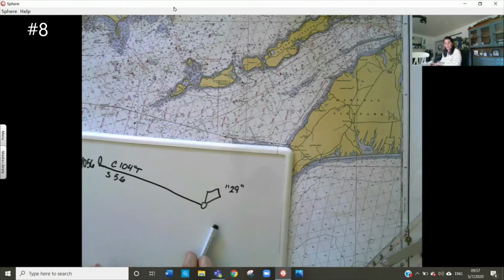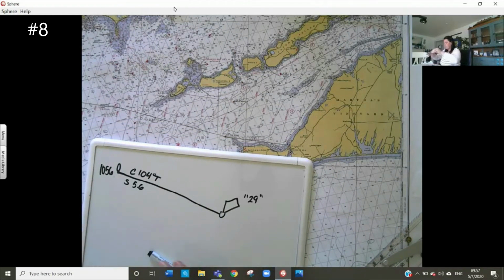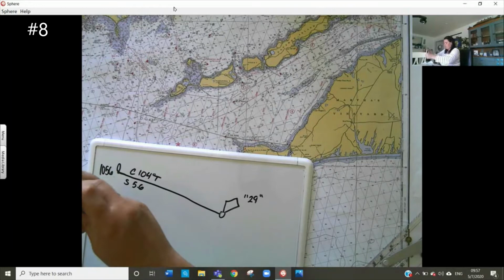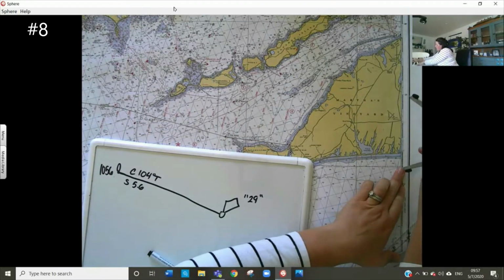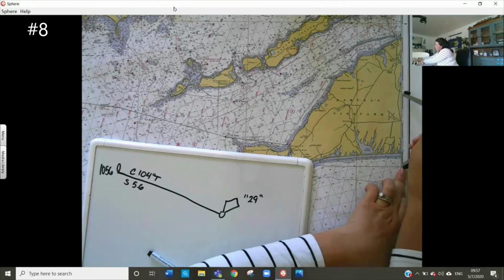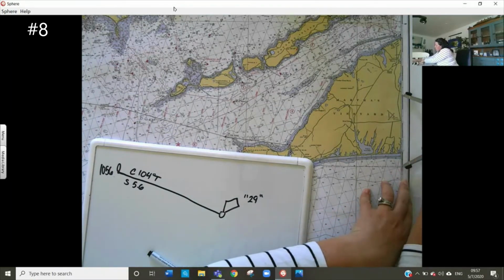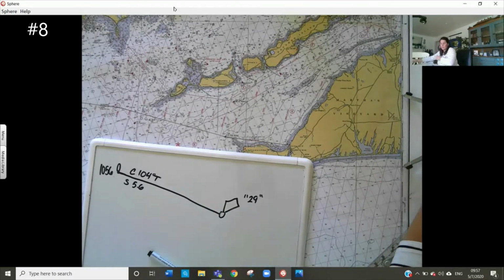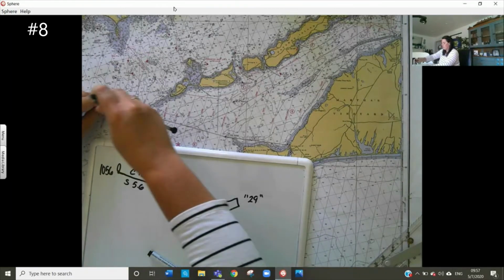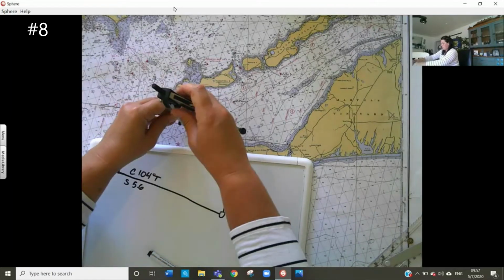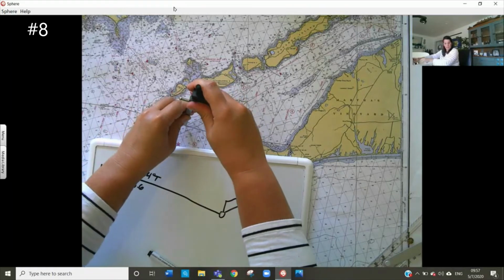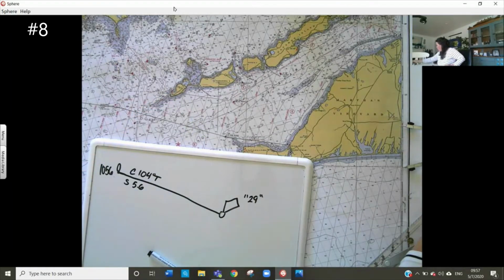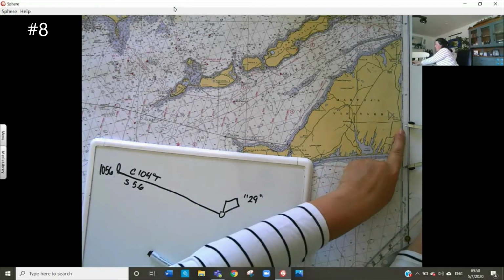So we need to use our dividers and find our distance. Our distance won't reach all the way, so I'm going to do 5. We have 5 nautical miles, so I have from the buoy 5 plus 2.9.